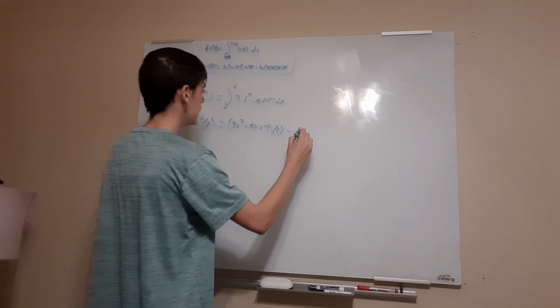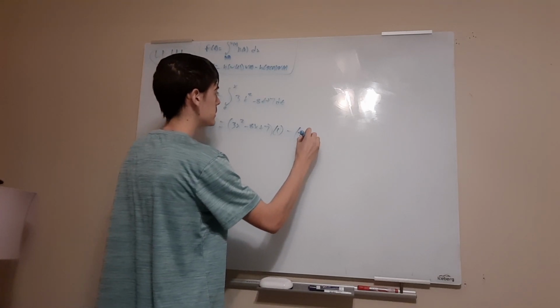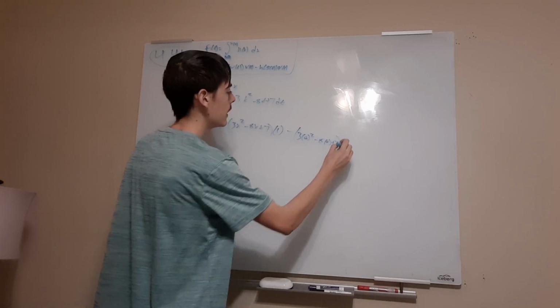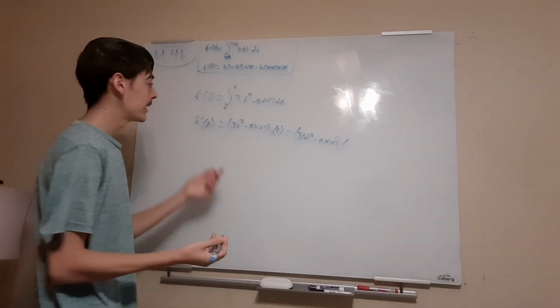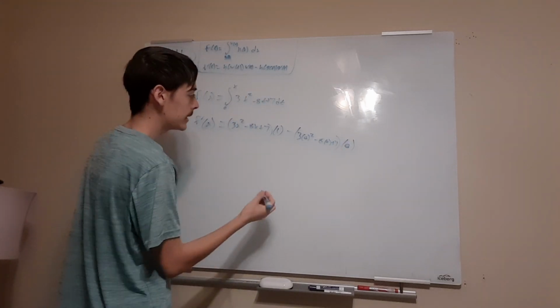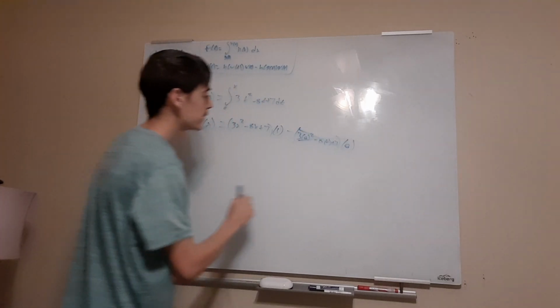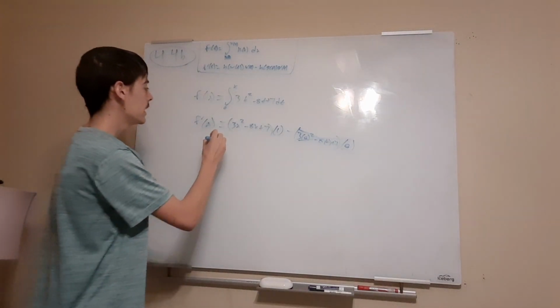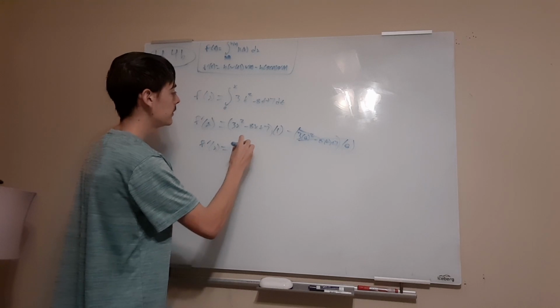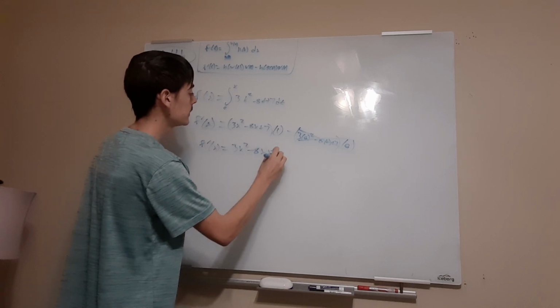And then we subtract, plug in the lower bound, which will be 3 times 0 squared minus 8 times 0 plus 7. And multiply by the derivative of the lower bound. Derivative of 0 is just 0, so we will get 0. As many times before, all of this stuff on the end goes bye-bye because we're just multiplying by 0. And we are just left with f prime of x equals 3x squared minus 8x plus 7.